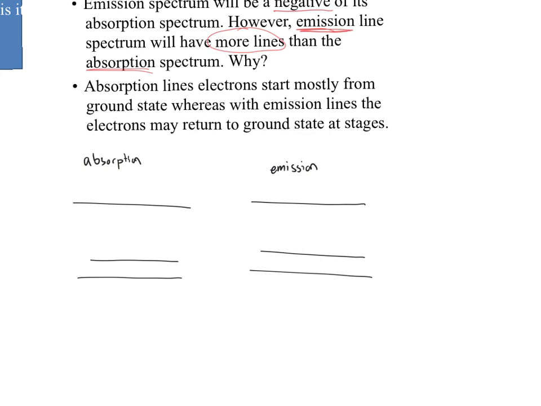Now, in absorption spectra, usually you have electrons always starting from the ground state and going higher up. However, with emission, they could start from anywhere and go to a lower energy level. So this is for the absorption spectra, what could happen in an atom, and this is for the emission.